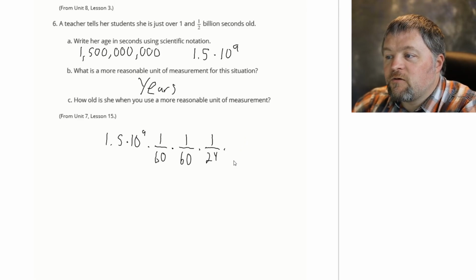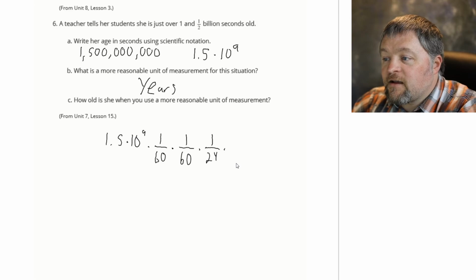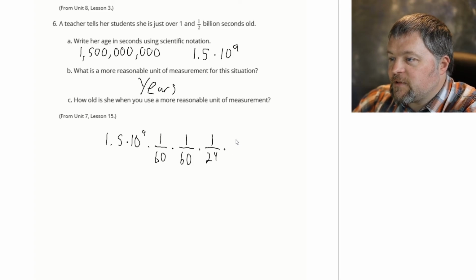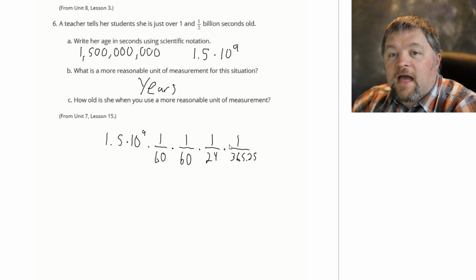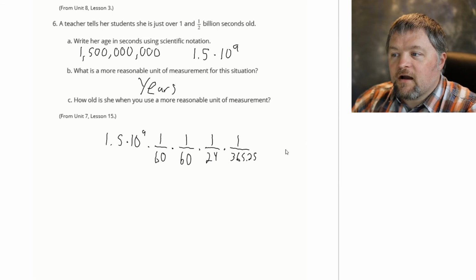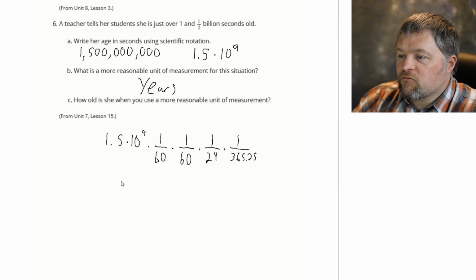Now, if we wanted to know how many years they are, there are 365 and a quarter days in a year on average, taking in leap days. So that will tell us how many years old they are. So let's rewrite this first. We can combine all of those.